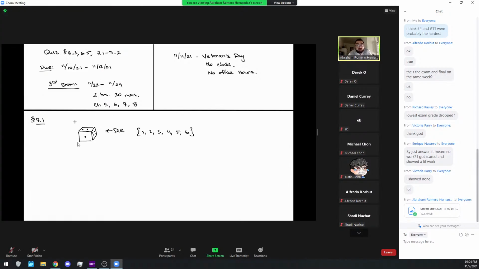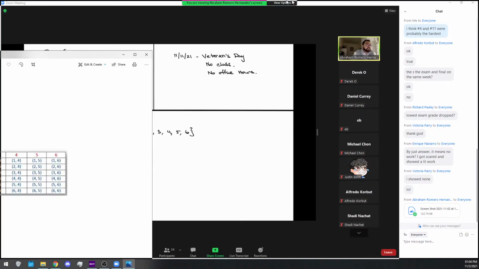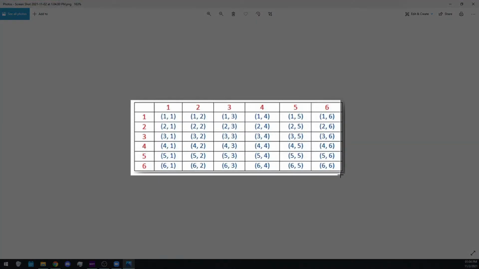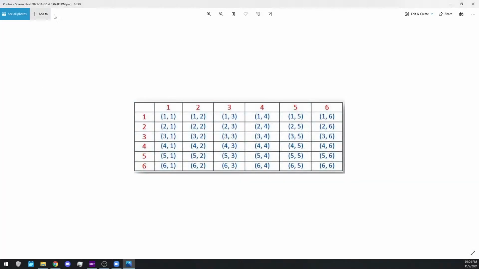Okay. Now, that's what a die is. It's a 6-sided cube, numbers 1 through 6. Nothing more, nothing less. So let's look at this example.